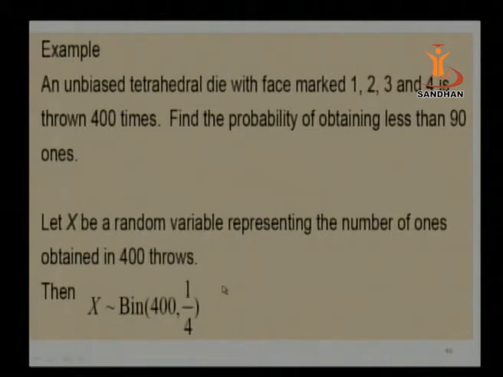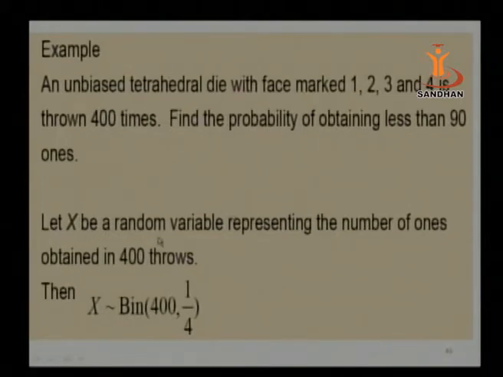Again one example is there. An unbiased tetrahedral die with faces marked 1 up to 4 is thrown 400 times. So again it is a case of binomial distribution, because here the variable is of dichotomous type. Let us see.